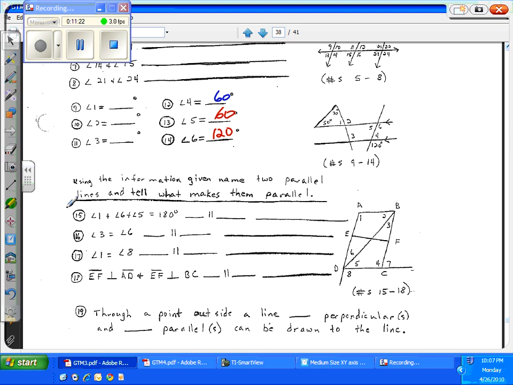So if this is 120, then this is 60, and this is 120, and angle 5 is 60, and we can't jump across that barrier because we don't have parallel lines, you see, this is not parallel to this, so we can't jump across there. So we're going to have to do something totally different on this side over here.